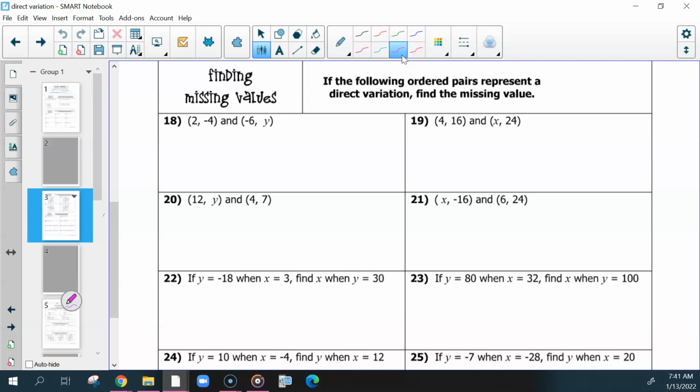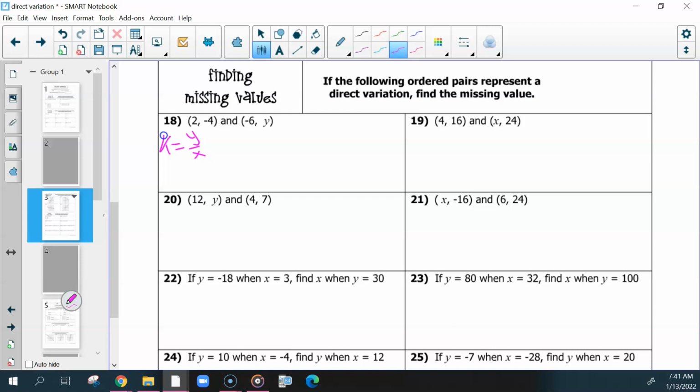One is, because we know that to find k, well, first, how would we find k? From the stuff we did yesterday? Y over x. So because we know that much, we could set up proportions to solve this.